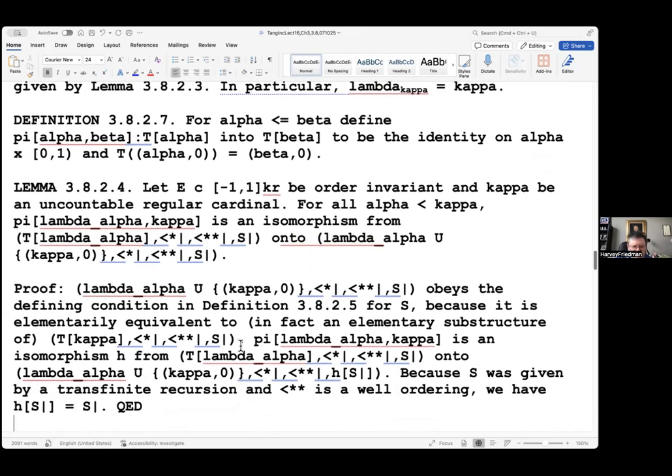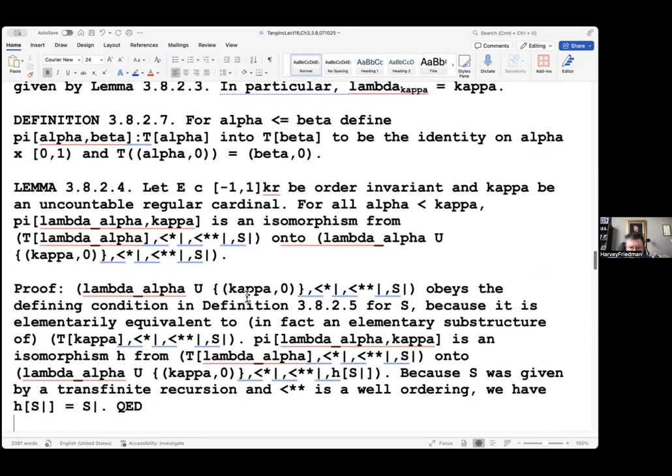Okay. And the reason is that if you take lambda alpha union kappa 0, the target structure, it is an elementary substructure by construction, and therefore it satisfies the same sentences, and therefore it satisfies the sentence that S is greedy.